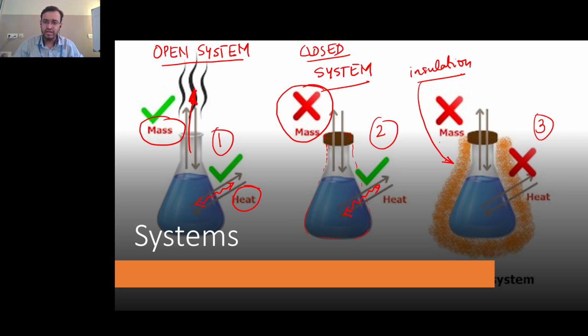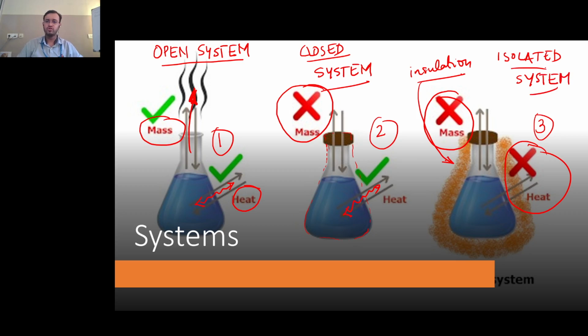So right now in the third case, we have neither mass flow, nor any energy or heat flow across the boundary. So this is an example of an isolated system. Okay, so we have an open system, a closed system, and an isolated system.